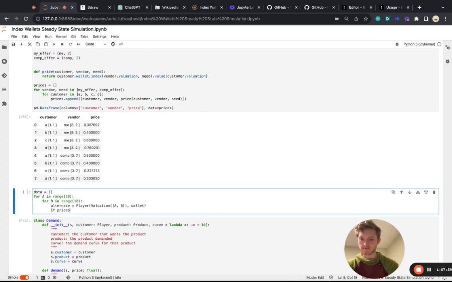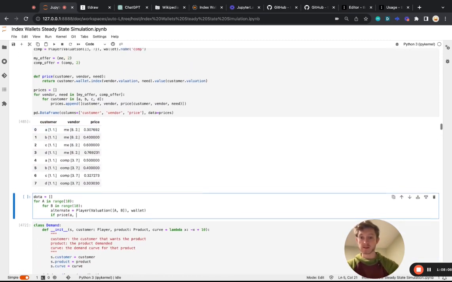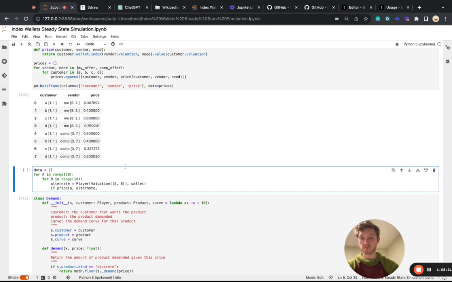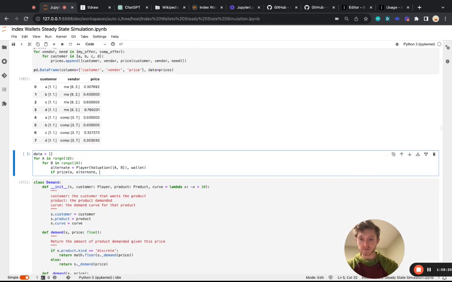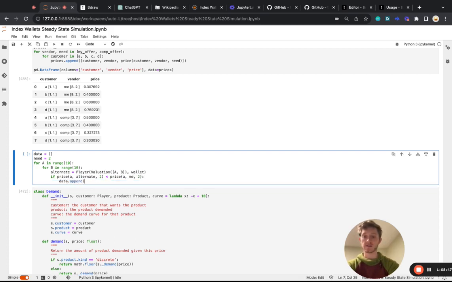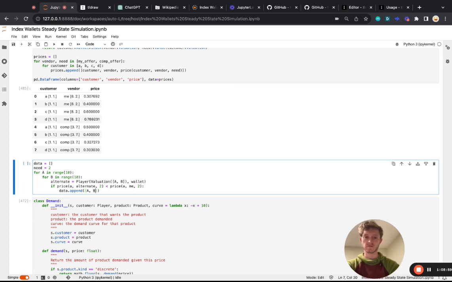Okay, so if price of customer A versus me versus alternate, with whatever the need is that we were using up here, I think the need was 2, is less than price of me, then data.append, and we want to append A, B.